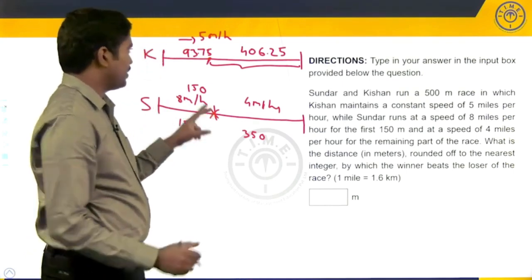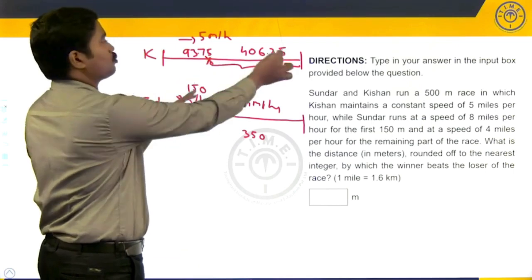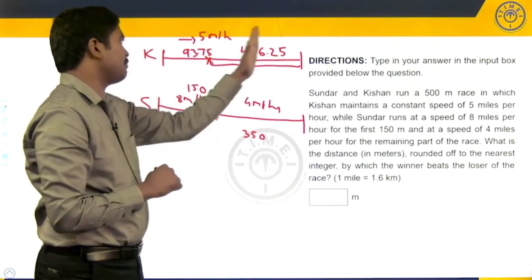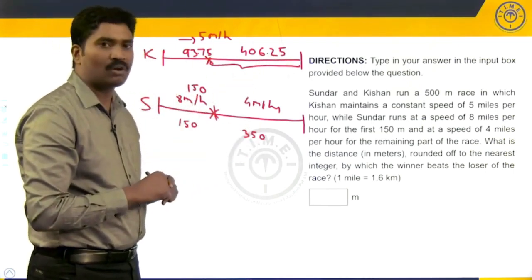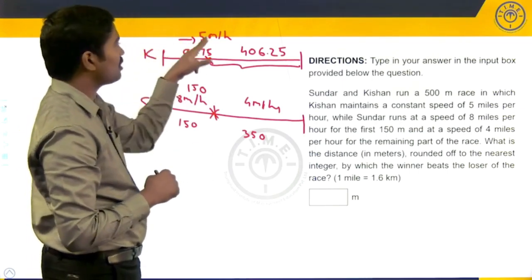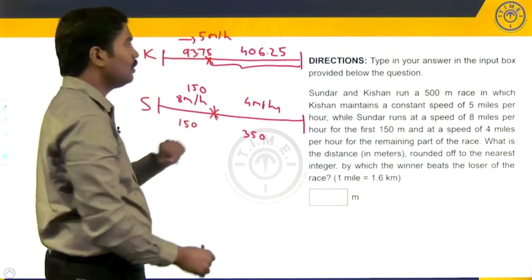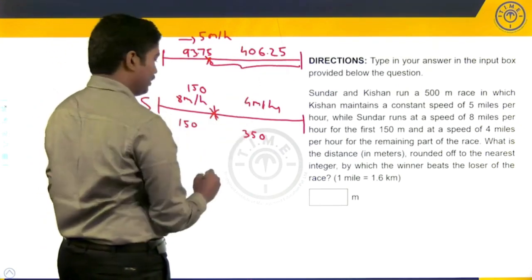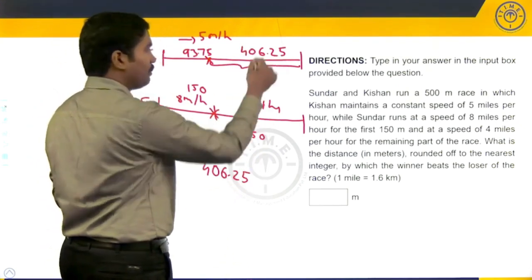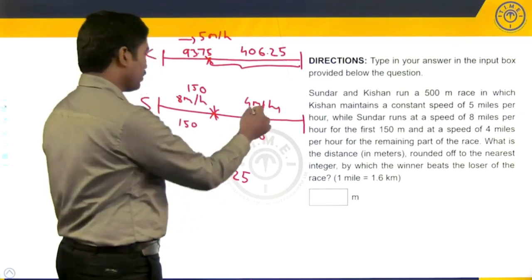Sundar has reached this point, Kishan has reached this point. Kishan has so much to go, Sundar has 350 more to go, right? Now, in the same time that Kishan travels 406.25, the ratio of their speeds, previously 5:8, is now 5:4. So in the time that Kishan travels 406.25, the distances traveled by them will be in the ratio of 5:4. How much will Sundar travel?